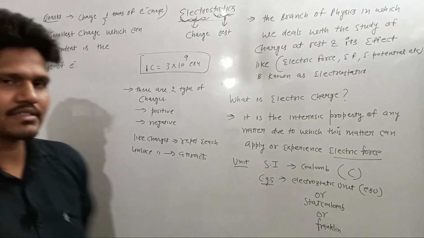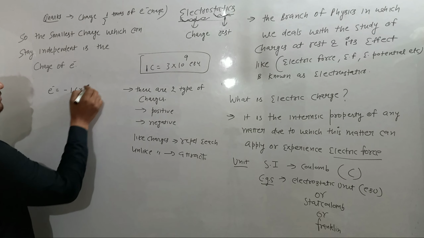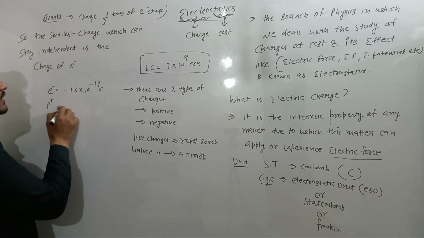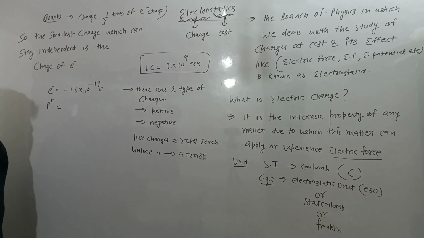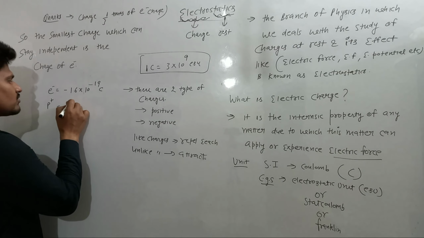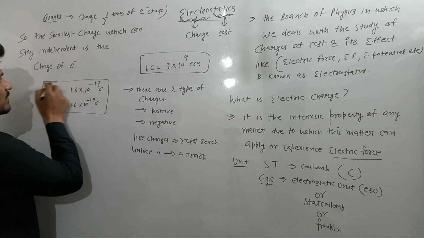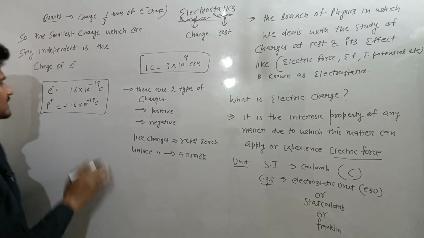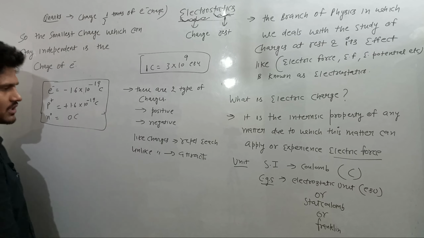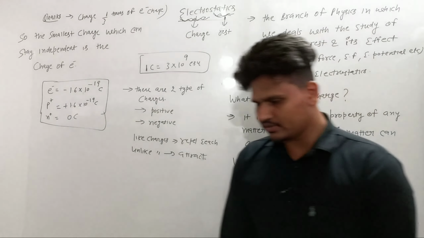We all know from your class 10th that the charge of an electron is minus 1.6 into 10 to the power minus 19 coulomb. What is the charge on a proton? A proton has a charge of the same magnitude as the electron, but of positive nature, plus 1.6 into 10 to the power minus 19 coulomb. How much charge does a neutron have? A neutron is a neutral particle, so it has 0 coulomb of charge. Alright, this is what we know till now.